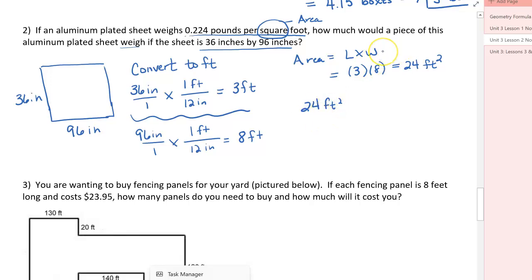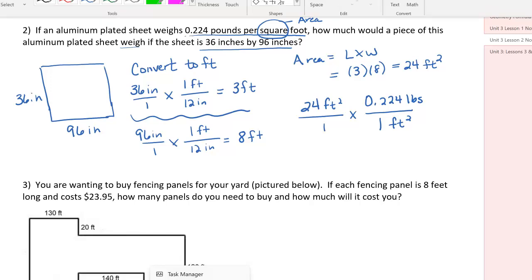But I was asked to find how much it would weigh, but I know that it is 0.224 pounds per 1 square foot. So I'm going to put the 1 square foot in the bottom, the 0.224 pounds up top.